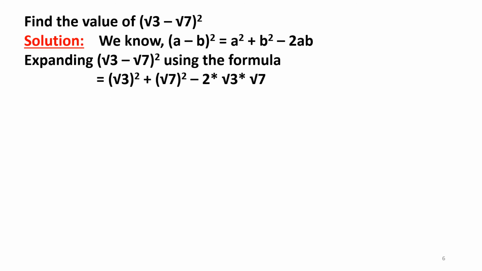First, root 3 square, that is a square, plus root 7 square, that is b square, minus 2 into root 3 into root 7. Root 3 square is 3, root 7 square is 7. 2 into root 3 into root 7 is 2 root 21. 7 plus 3 we can add, 10 plus 2 root 21. Further we cannot do anything. This is the answer.